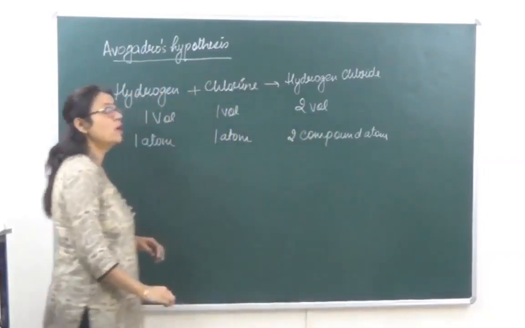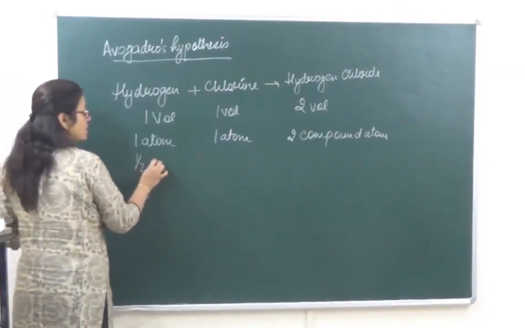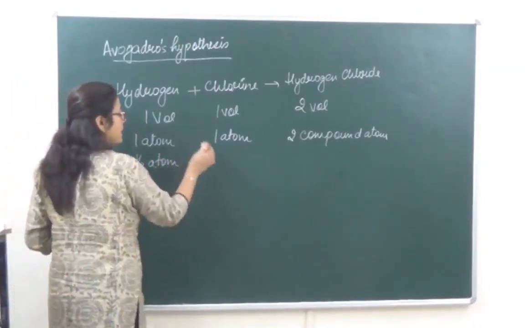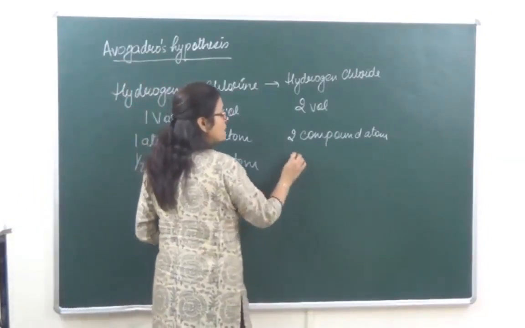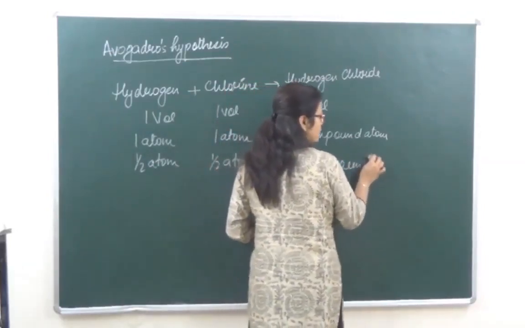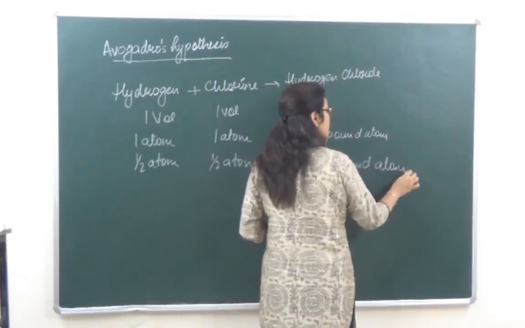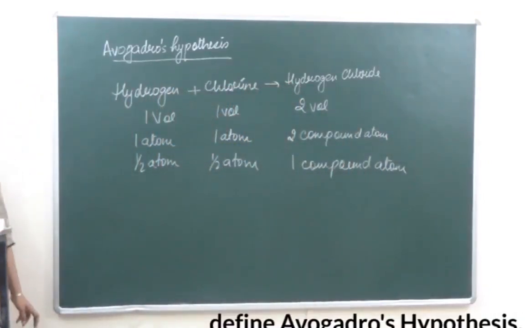In fact, two compound atoms, right? And if we are saying that half an atom of this is combining with half an atom of this, then this is going to give us one compound atom, right?